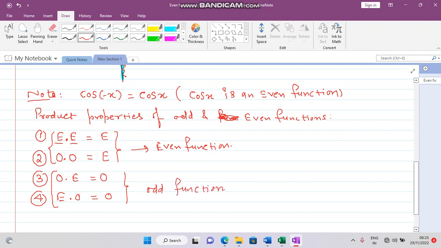So for EE it is E, OO it is E, OE it is O, and EO it is O. Here O refers to odd function and E refers to even function.